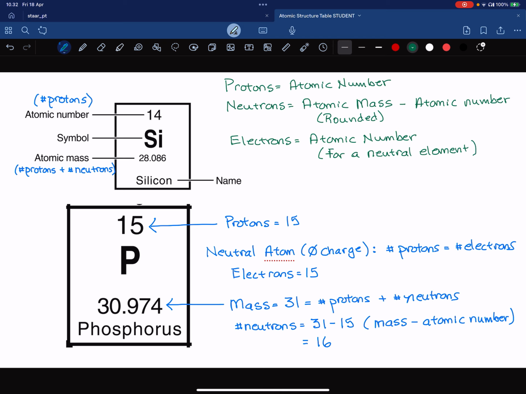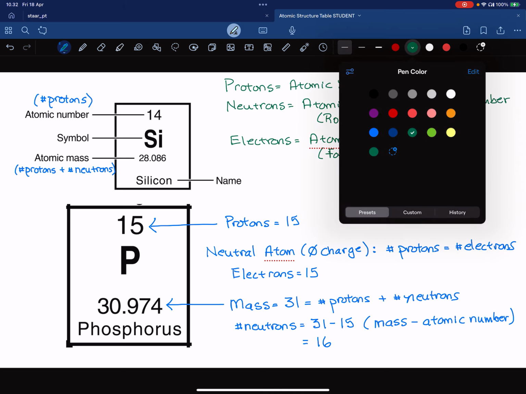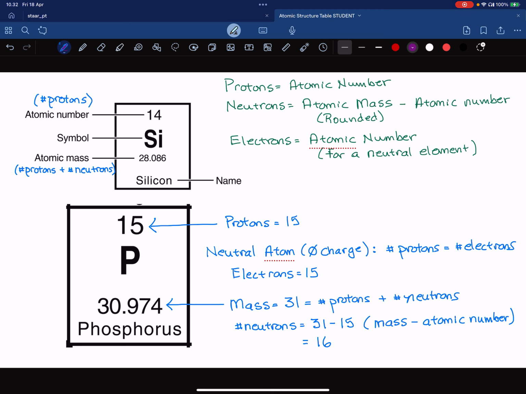And just a quick word on that using phosphorus. So phosphorus had 15 protons, right? Protons are positively charged, so that is a plus 15 from the protons. If the electrons are equal to the atomic number, it has 15 electrons. Electrons are negatively charged. That is a negative 15 from the electrons.